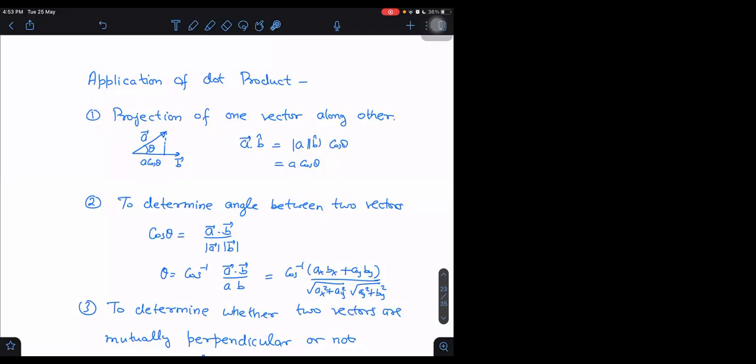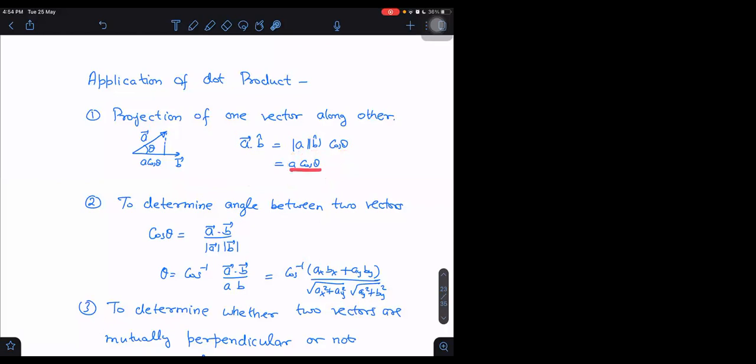So therefore I can write this as A dot B cap. How? Go backwards. You know it is A cos theta, but A cos theta can be written as magnitude of A into magnitude of unit vector B into cos theta. That is the same thing, right? Because the magnitude of a unit vector is 1.